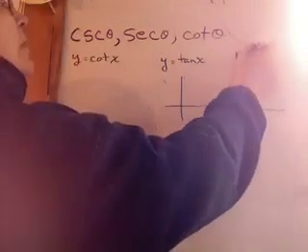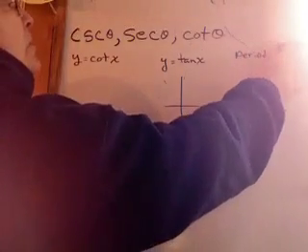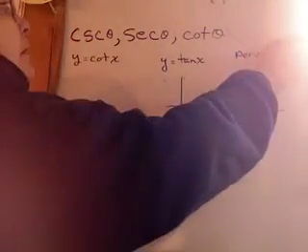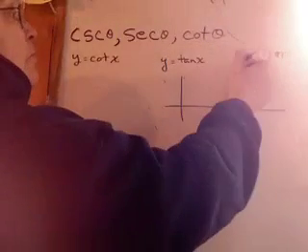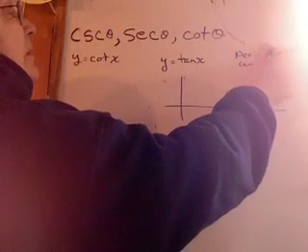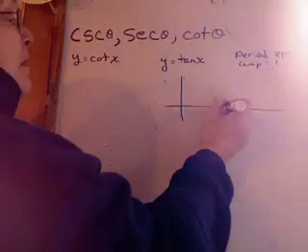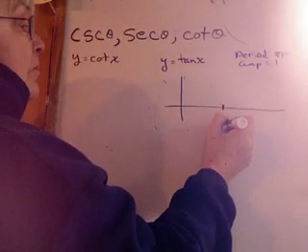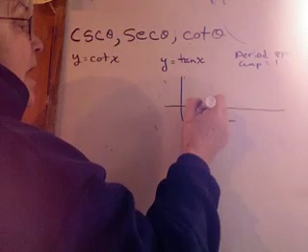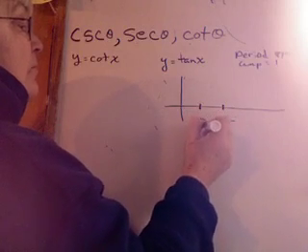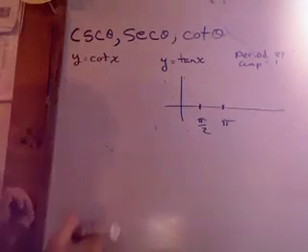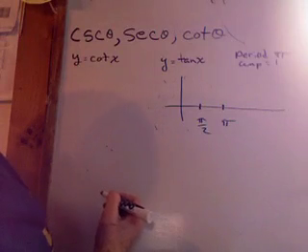Period is what? Hope you remembered that it's pi for the tangent, not 2 pi, okay? In this particular one, the amplitude is 1. It's really hard to distinguish that, but the whole curve ends at pi, so half the curve ends at pi over 2. That's going to be the same for the cotangent curve.